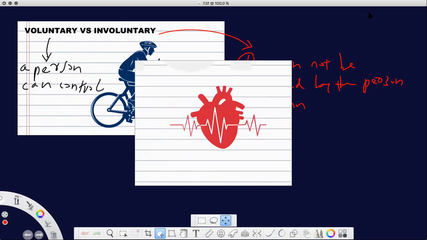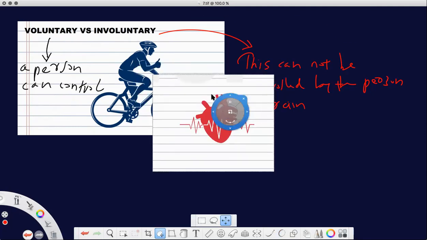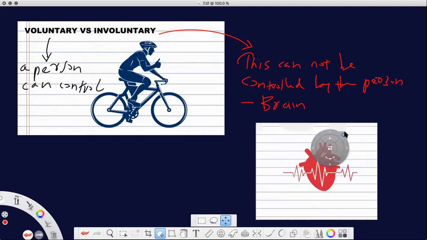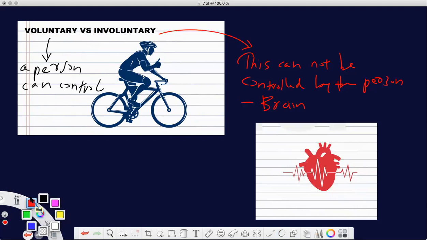And also we can take this one, not the best, because you will see later on, the heart is actually controlled by the heart itself. The beating of the heart is controlled by itself, but brain is also involved to increase or decrease the heart rate. So basically we can understand it is not voluntary because a person cannot change the heart rate.